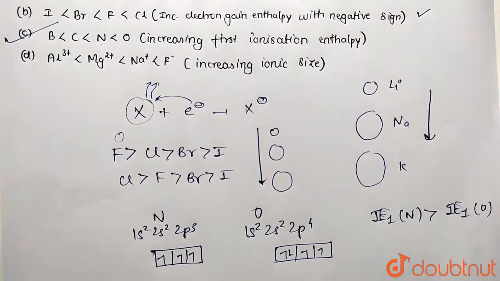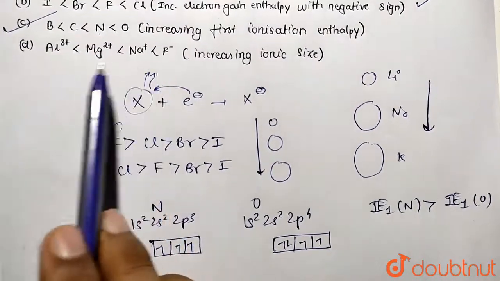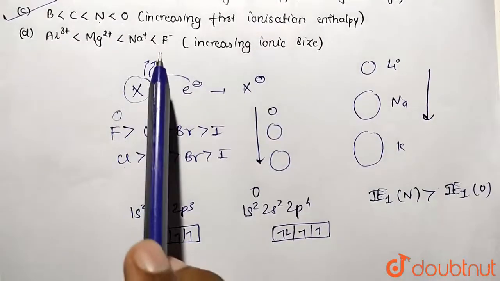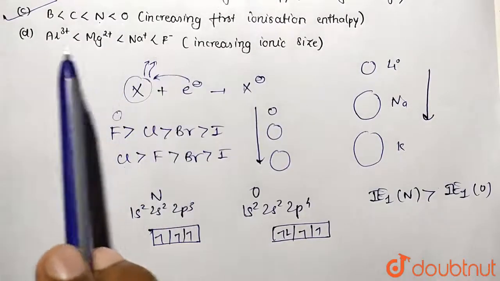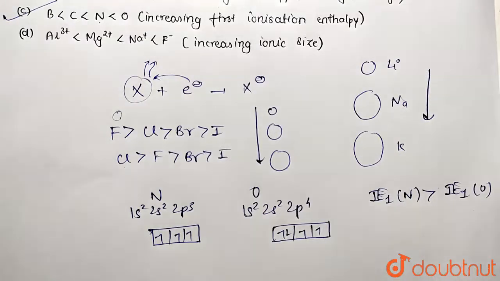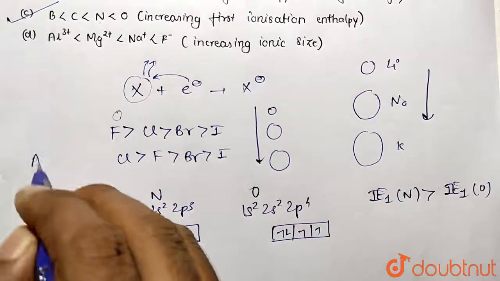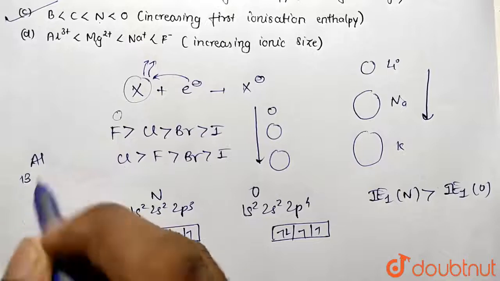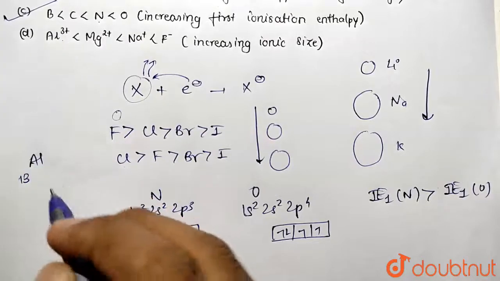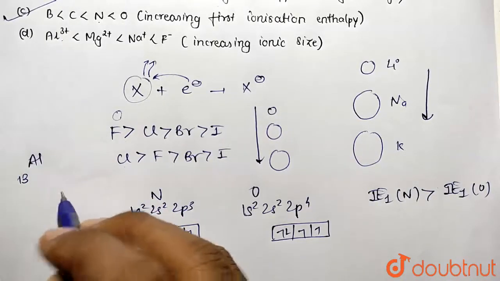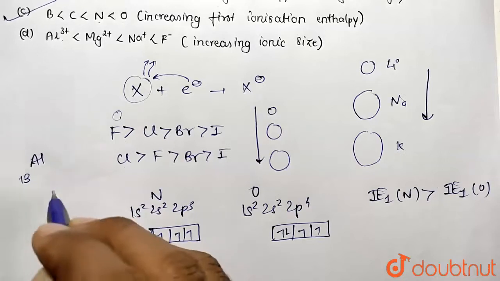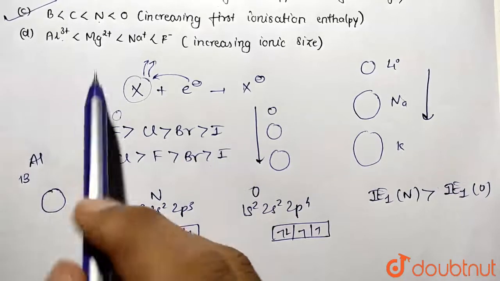And correspondingly these are the isoelectronic species given, and we know the anionic size is going to be largest, and the more the cationic charge, the smaller will be the size. You can also compare, because aluminum has 13 protons and only 10 electrons, so 13 protons are attracting 10 electrons, so nuclear charge will be more and correspondingly size will be very less as compared to the others.